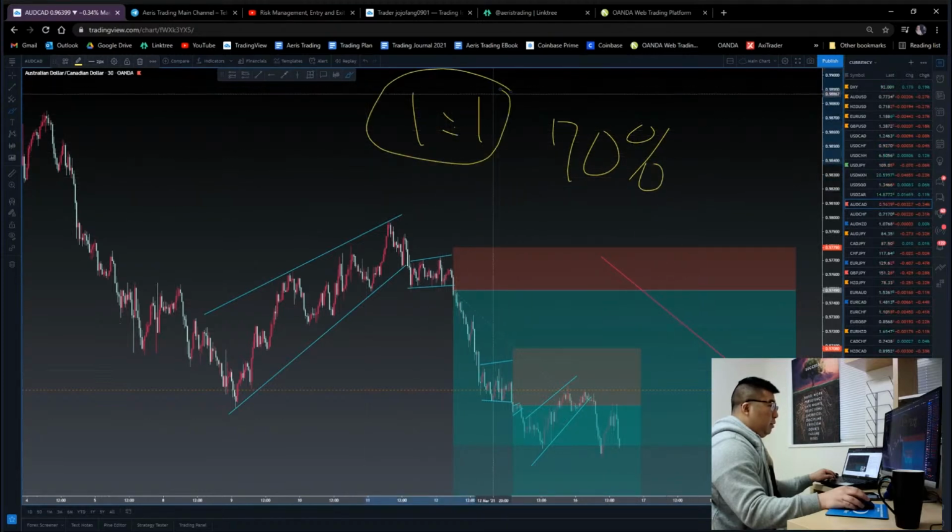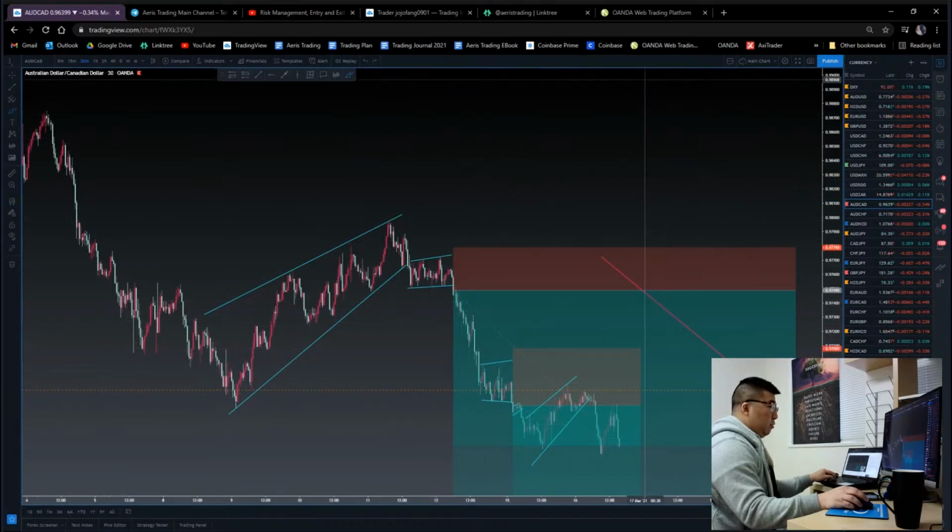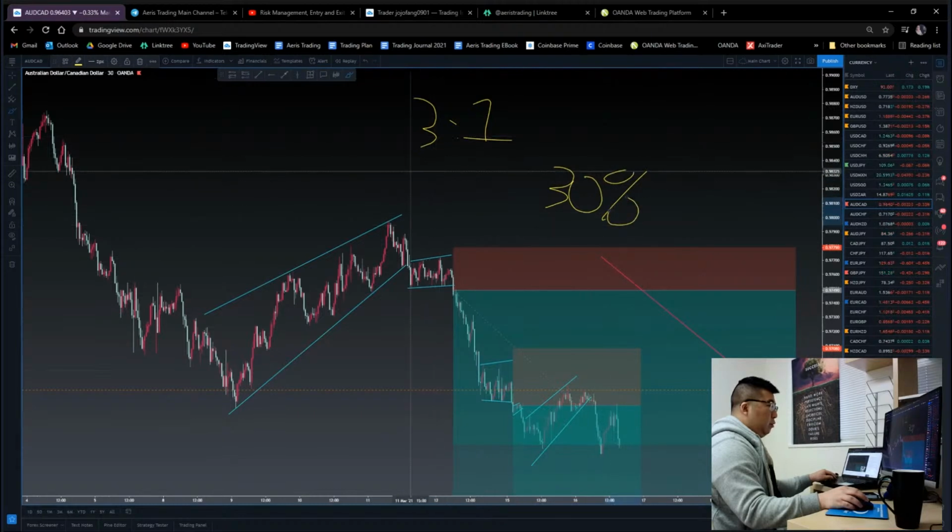If you trade 1-to-1 risk reward, you have to be right a lot to be somewhat profitable. But if you're not at a 70% strike rate, which most of us are not, then stick to 3-to-1, because even if you're, let's say, a 30% strike rate person, with 3-to-1 you get 9%. 3 times 3 is 9, minus 7 is 2%, right?